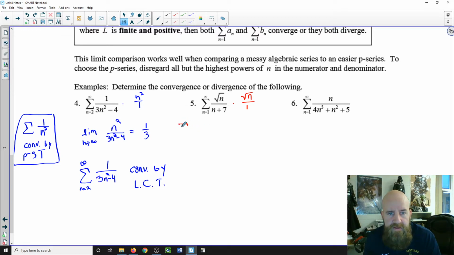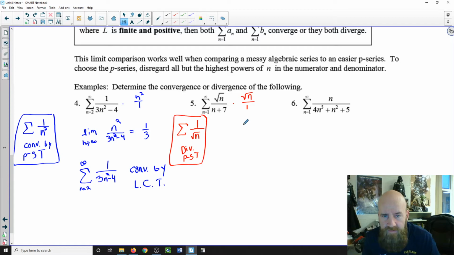So I know that the series 1 over root n would diverge because of the p-series test. It's n to the 1/2, and 1/2 is less than 1, so it diverges by p-series. So that diverges. If we make this ratio, we think about the limit.